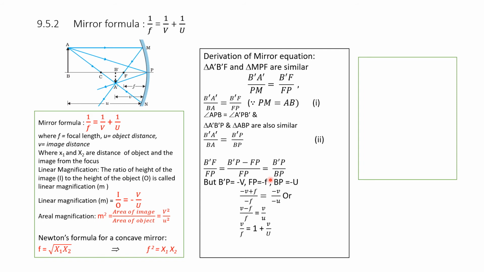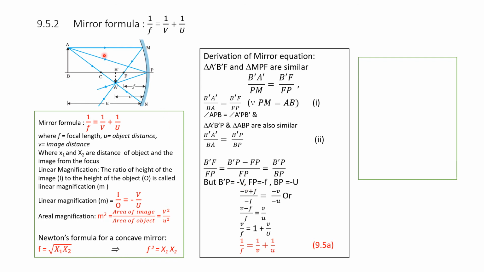Therefore, we can write, substituting the values, B'P as minus V, because distances are measured on the ray.